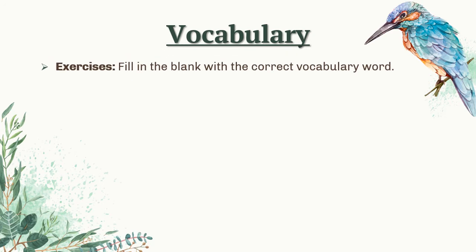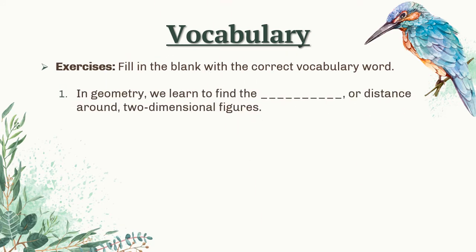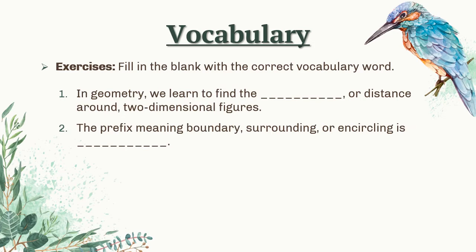Fill in the blank with the correct vocabulary word. Number 1, in geometry, we learn to find the blank or distance around two-dimensional figures. Number 2, the prefix meaning boundary, surrounding, or encircling is blank. Notice those are not the exact words you've been given. These are synonyms.